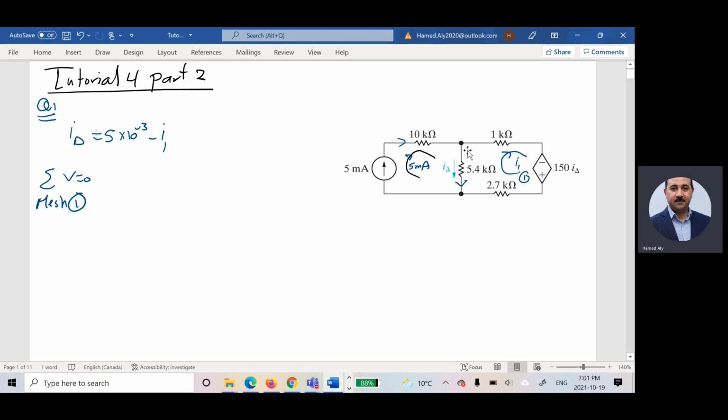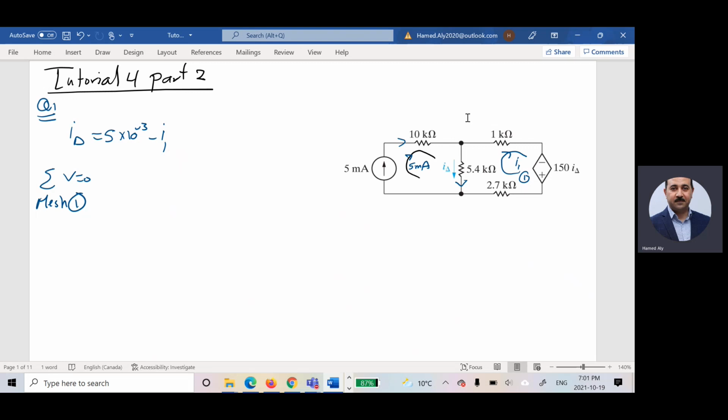So the voltage drop across this guy is equal to 5 minus I1 times 5.4 or I1 minus 5 times 5.4. In all cases, since you assume the current in the same direction for all meshes, the common branch has the difference of the current between two mesh currents.